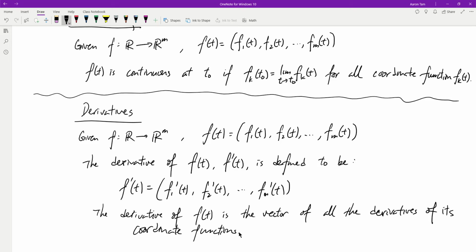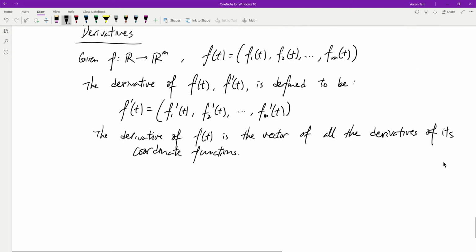Now I do have to talk about something important called differentiability, meaning whether the derivative exists. So this is the terminology that we would say.